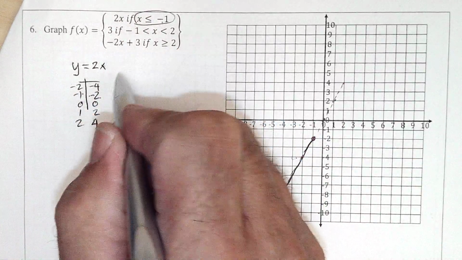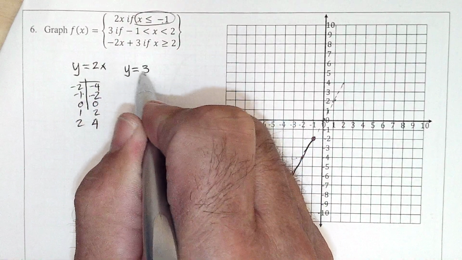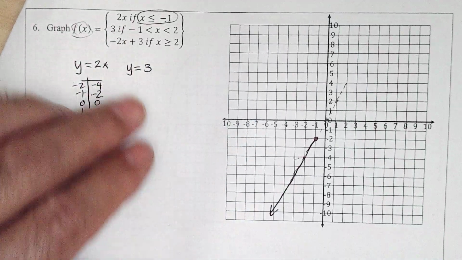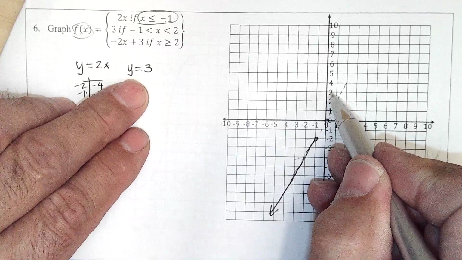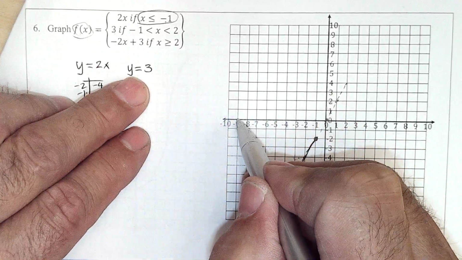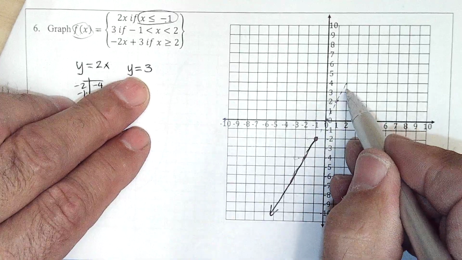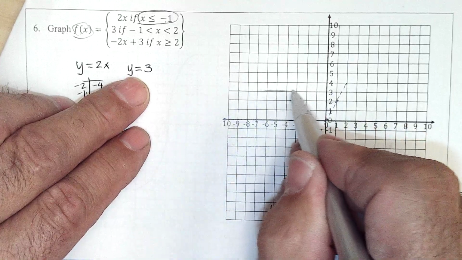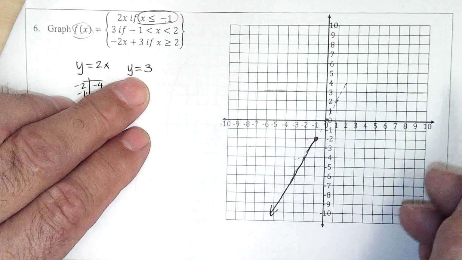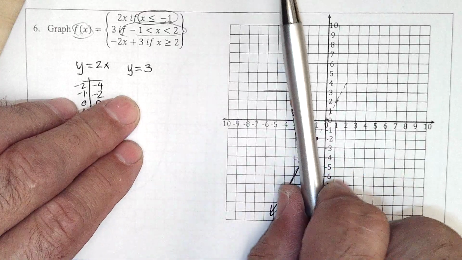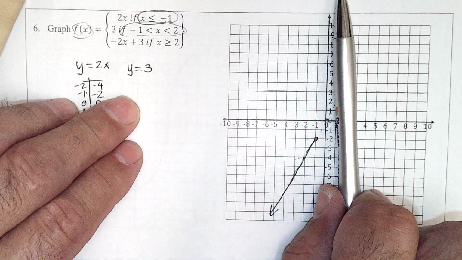Now the second one said y equals 3. Where are the points where the y-coordinate is 3? Well, this is -1, 3, 0, 3, 2, 3. Y is 3 here, but we only get to do that from x equals -1 up to x equals 2.